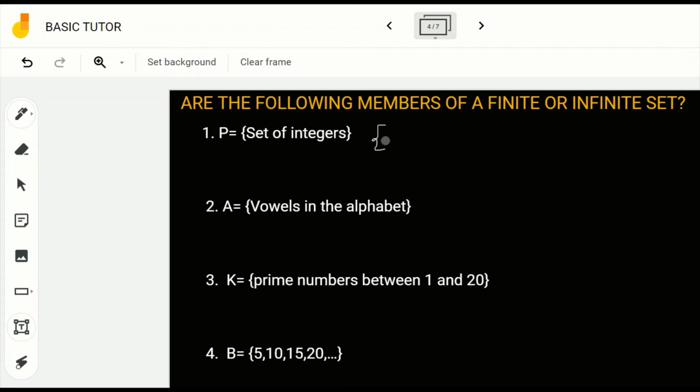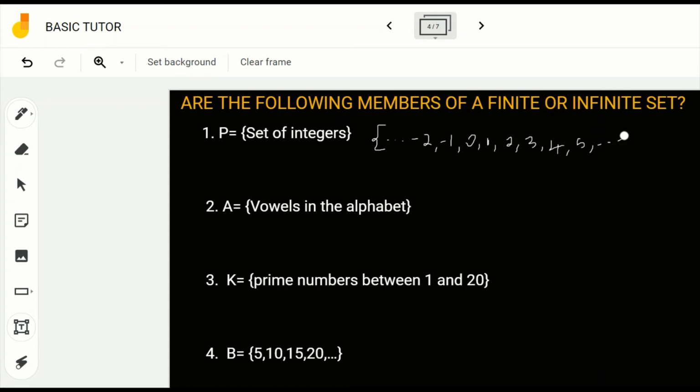So if I can start with a dot, because the numbers are so many, 3 dots, then I have -2, -1, I have 0, I have 1, I have 2, I have 3, I have 4, I have 5, and it continues.